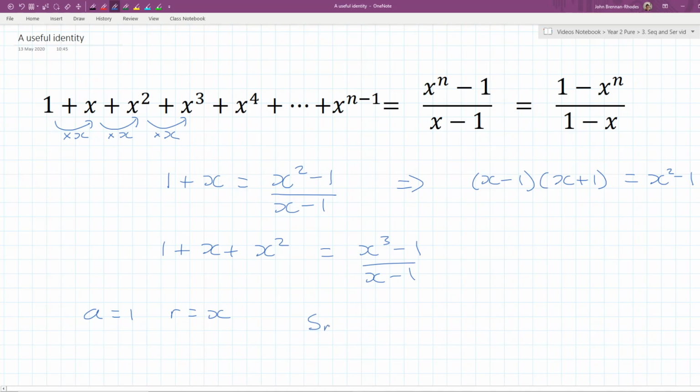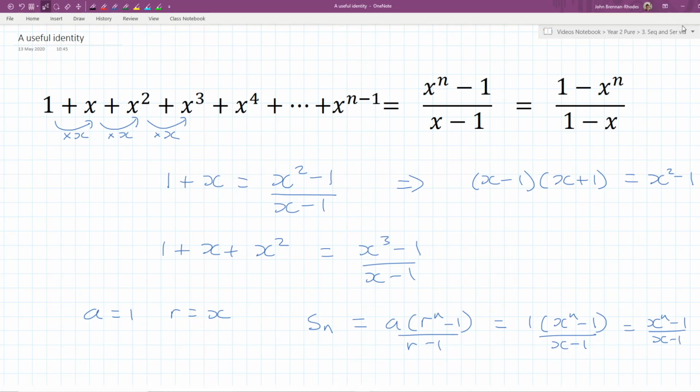If I write the formula, it's a times (r to the n minus 1) over (r minus 1), which is equal to (x to the n minus 1) over (x minus 1). You can see that has just proved this identity. It comes up every now and then, so this is a useful identity to see.